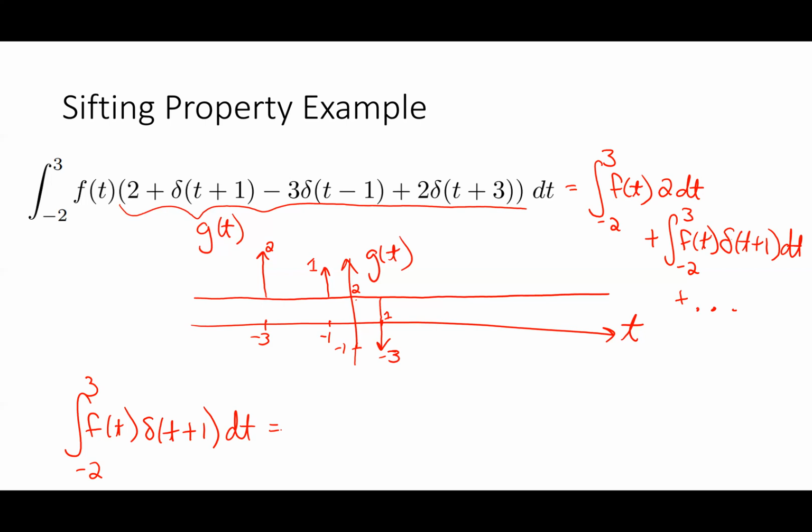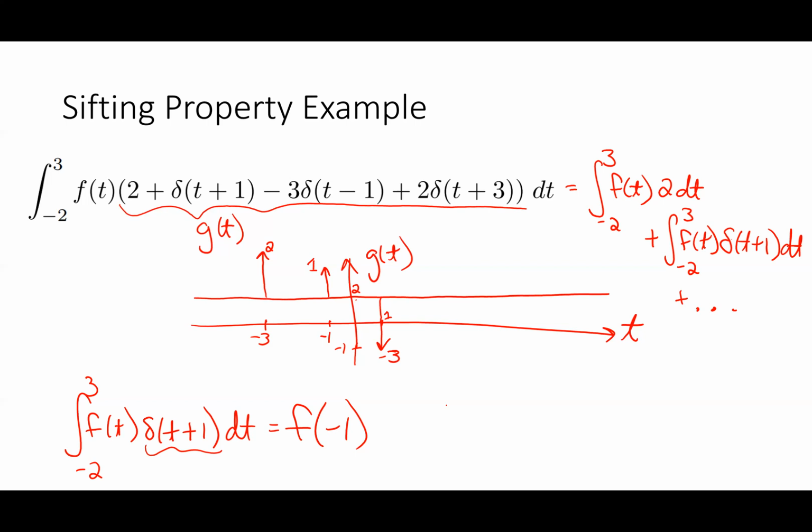It pulls out a value of f. What value of f would it pull out? First of all, delta of t plus 1 sits where? At t equal to -1. So it pulls out the value f of -1. Whatever f is at that value is what gets sifted out.